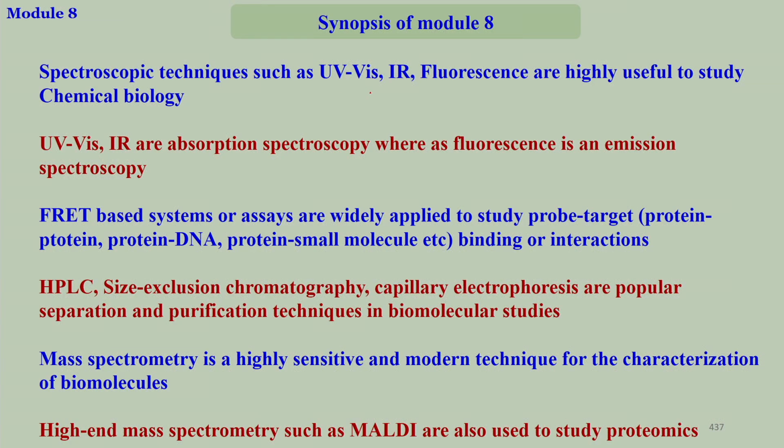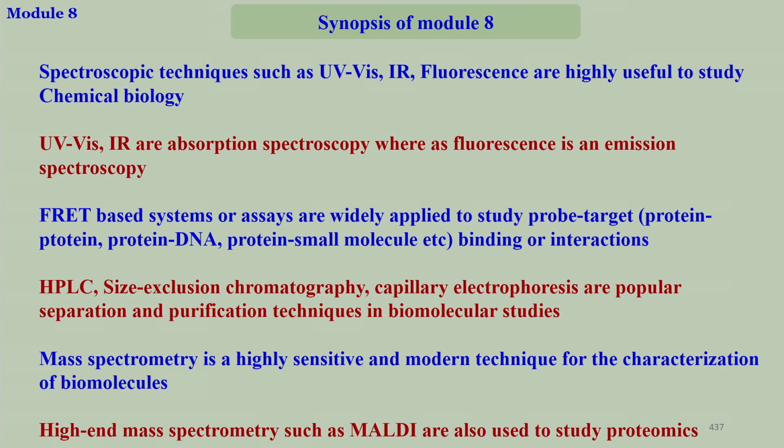In this module, we have talked about spectroscopic techniques such as UV visible, infrared spectroscopy, fluorescence, that are highly useful to study chemical biology. UV visible, IR, or absorption spectroscopy, because their working principle is going from the ground electronic state to the higher excited electronic state.